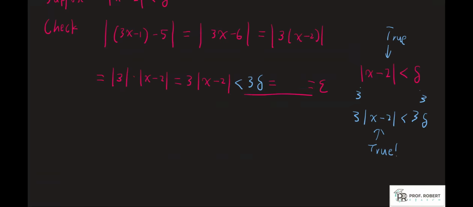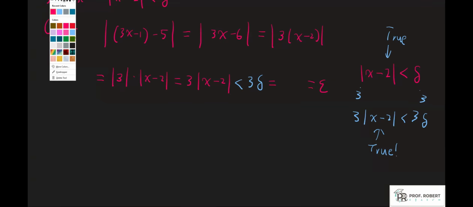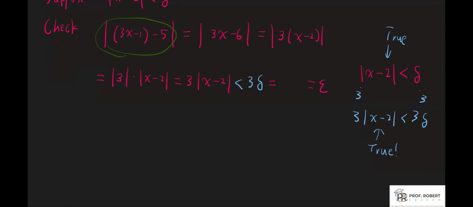Because if I can make this happen, then essentially what I have shown is this thing that we started with is less than epsilon. So the final question is, how do we draw that connection from 3 delta to epsilon? Well, guess what? Let's scroll back earlier.